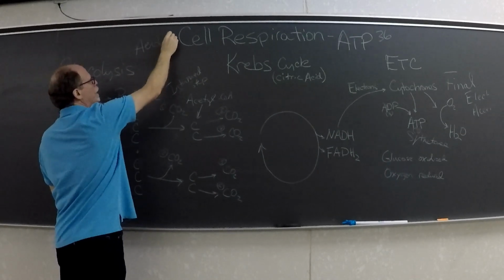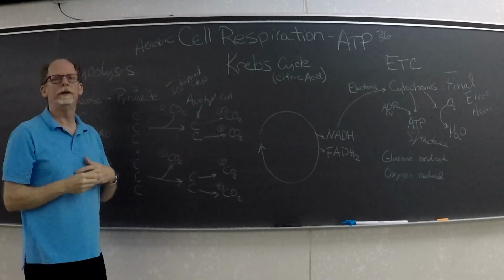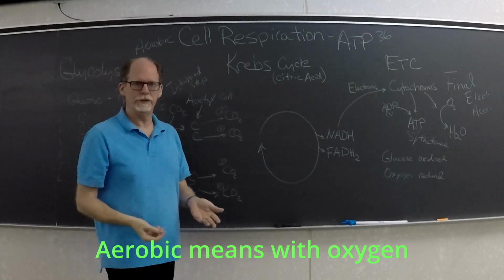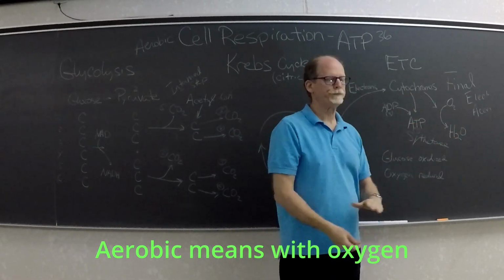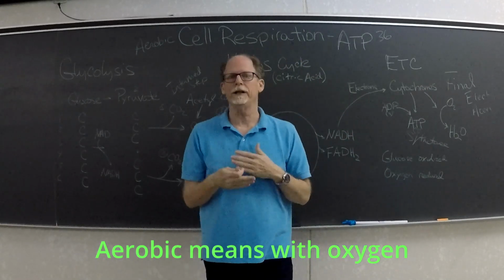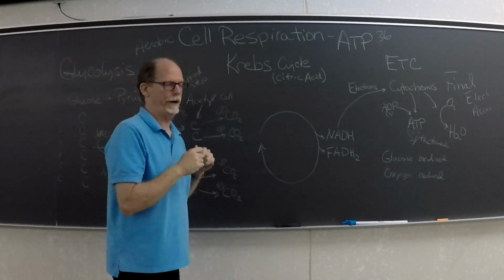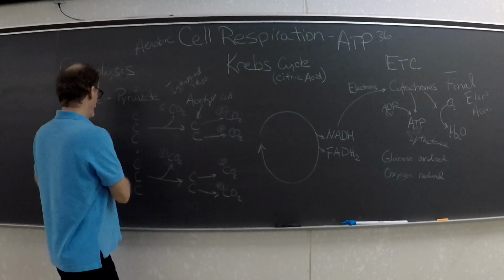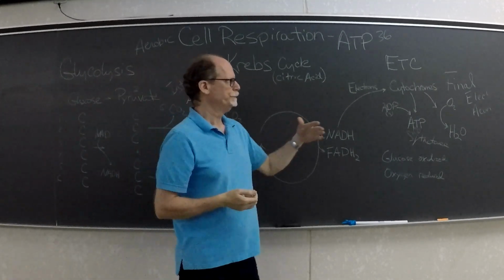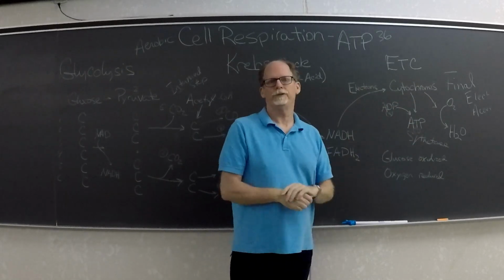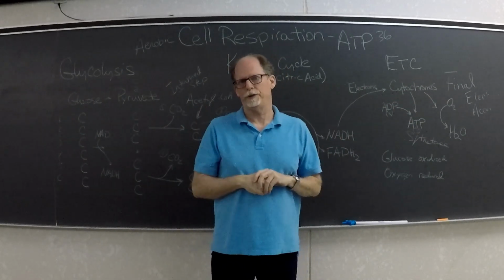Aerobic means oxygen is involved, and it's involved at the very end, more or less, when we have to feed the electrons that we are getting from glucose in this process. They have to go somewhere. So we call that the final electron acceptor.